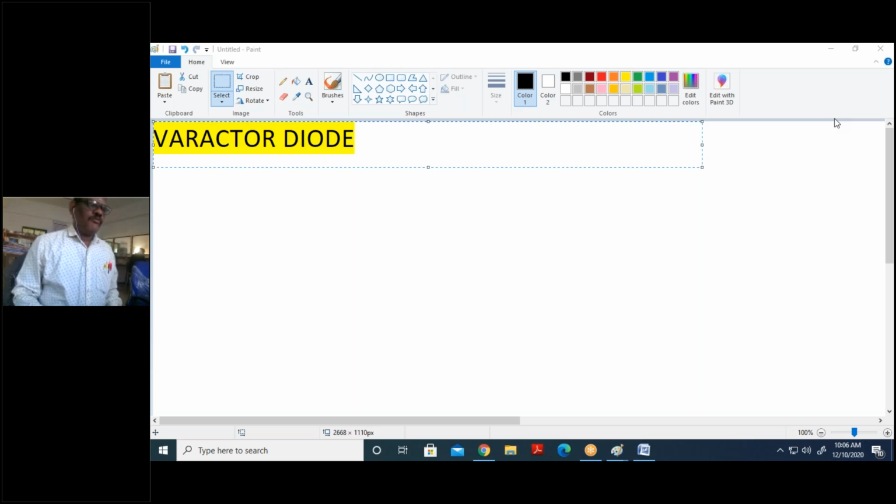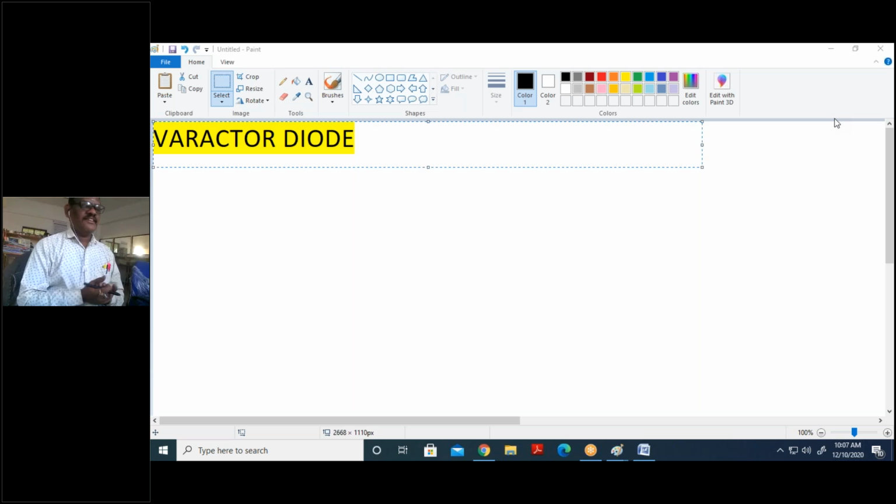Varactor diode. In a PN junction, the very thin depletion region acts as an insulator, of the order of 5 into 10 exponent on either side of the P and N regions, and it separates the P and N regions, which act as conducting plates.